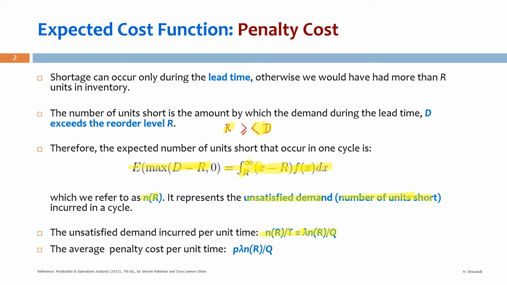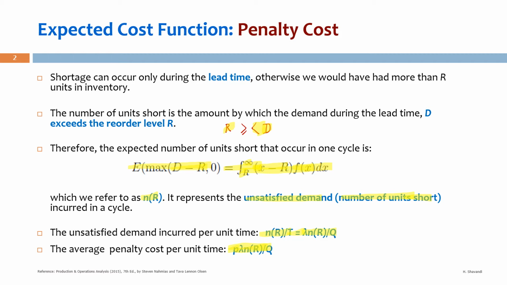Okay, and now we have the expected number of shortages per year. If we multiply this by p, the unit penalty cost of the shortage, then we will have the expected penalty cost per time unit or per year.